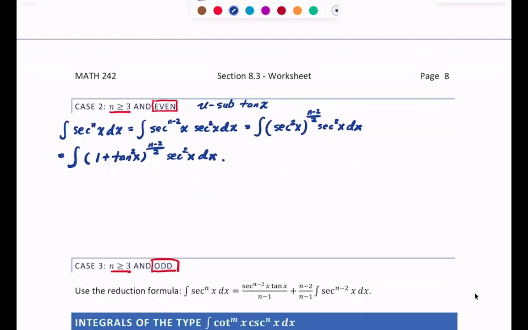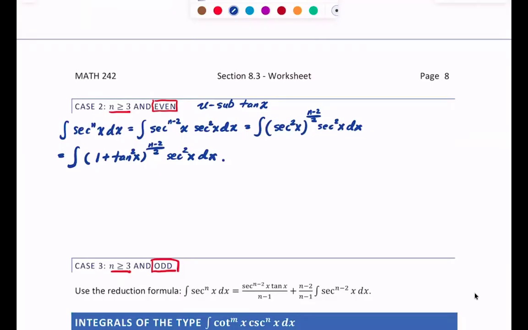So it means you want to use up what? Cotangent.